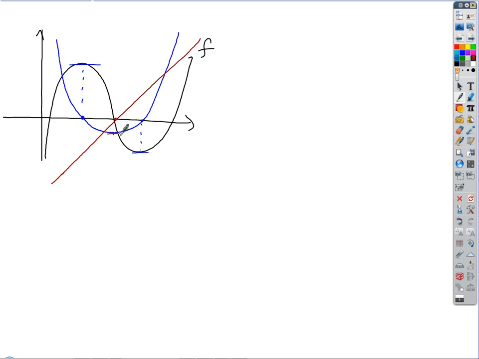Now let's look at the red function. The red function is to the blue function just like the blue function was to the black function, right? But how does the red function compare to the black function? Now think what it must mean. If the derivative is the rate of change of the function, does that make the second derivative the rate of change of the rate of change?